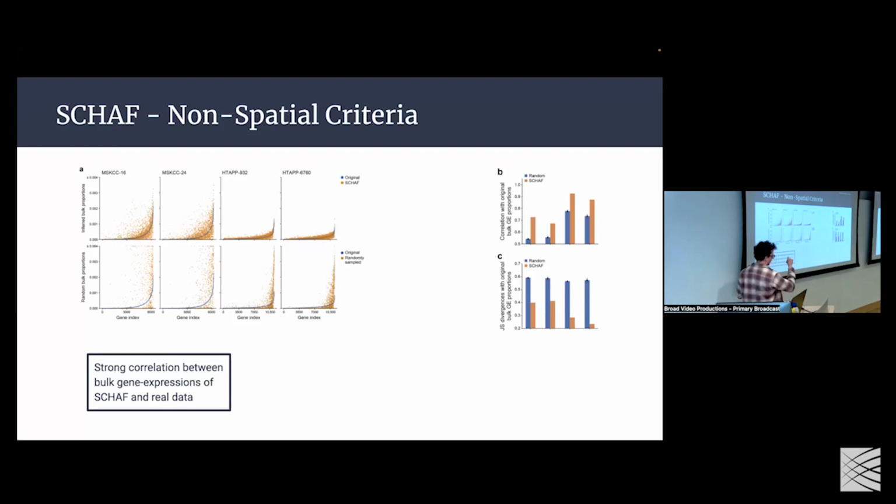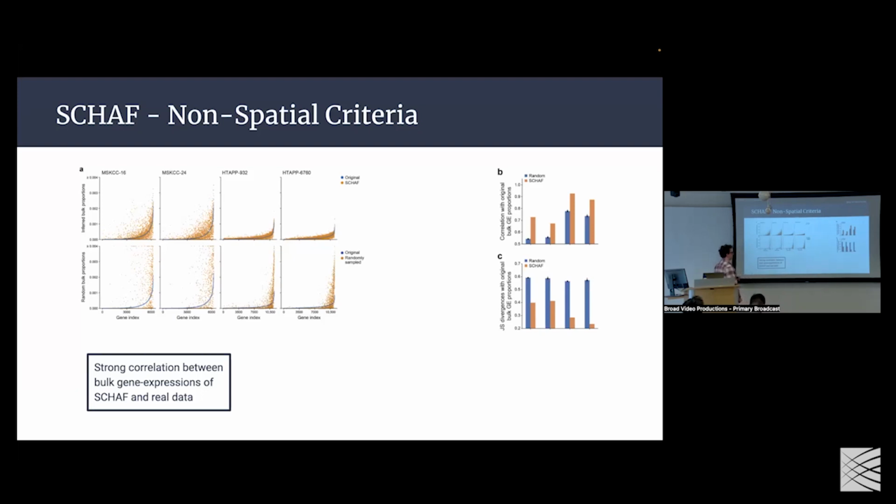And that's going to be the common baseline because this method is very unorthodox. There's not really a lot of baselines, so we have to be a little creative here, but you can see that SHAF pretty much outperforms the baseline very nicely here. And it's just a sanity check to make sure that, okay, this is working somewhat. Let's see if we can do more sophisticated types of evaluations.